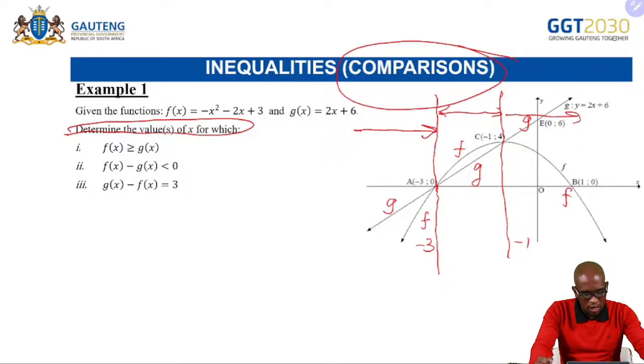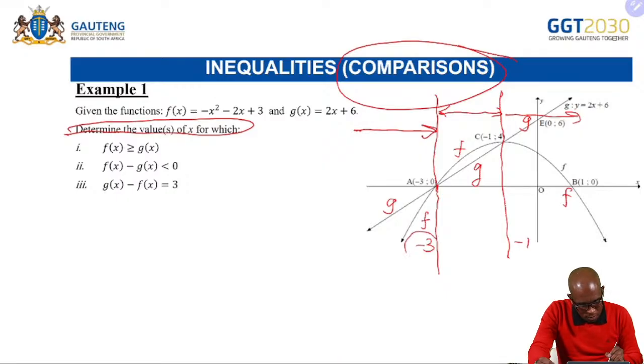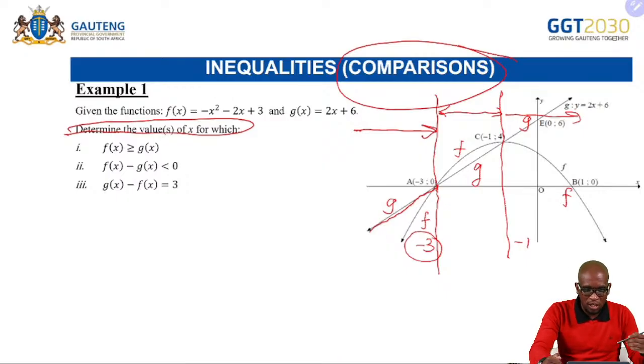Now, if you check from -infinity to -3, you can see that G is above. You can check here, this is the graph of G. The graph of G is above the graph of F. So the graph of F is below. That's not where we want.